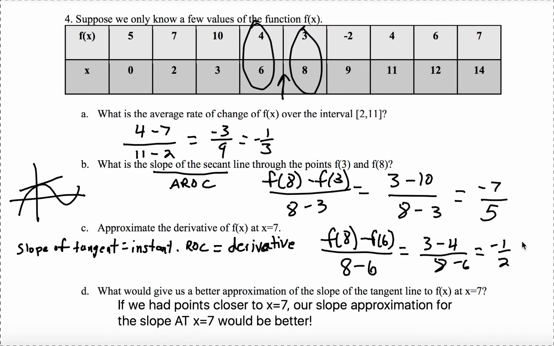So basically, if we could cinch those points in, 6 and 8, closer to 7, we'd have a better approximation of what's going on at x equals 7.